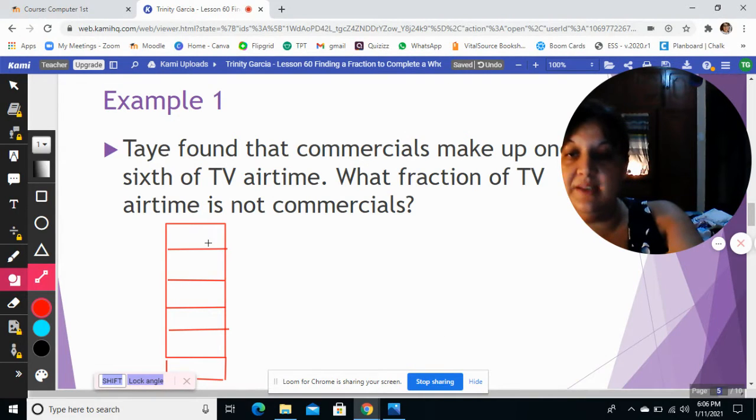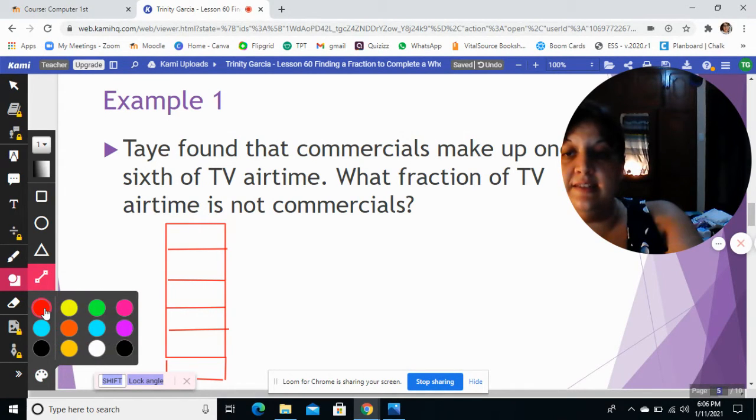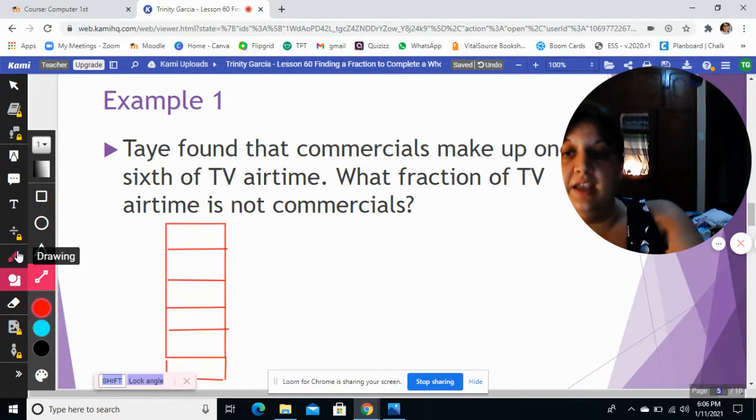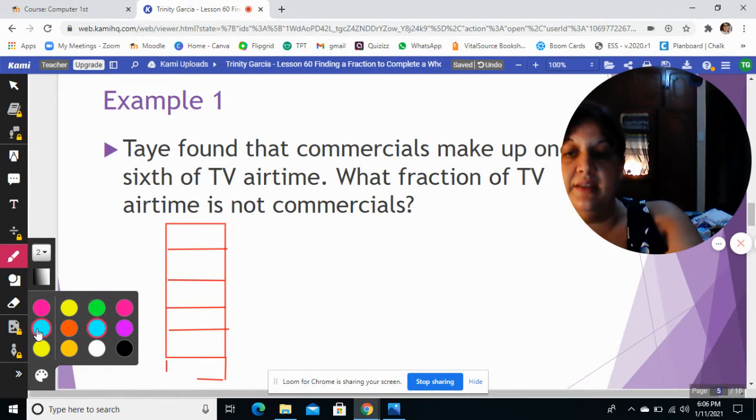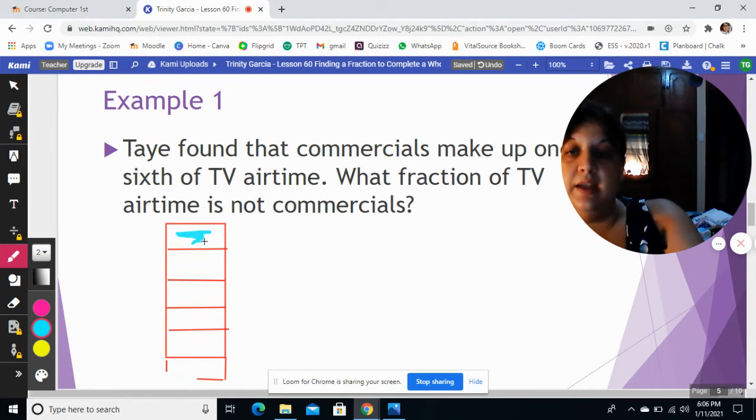Okay, so there's my 6 equal spots, and it says that TV commercials make up 1/6 of the airtime. So let's make the TV commercials be blue. And we know that that equals 1/6 because we have 6 parts to our whole rectangle.